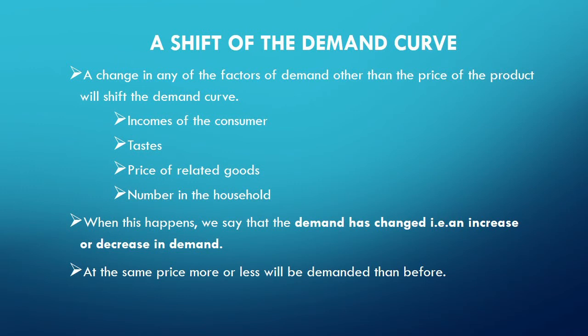And when this happens, we say that the demand has changed, i.e., there is an increase or decrease in demand. What we are saying here is that at the same price, more or less will be demanded than before. And this causes a shift of the demand curve, as we are going to see.